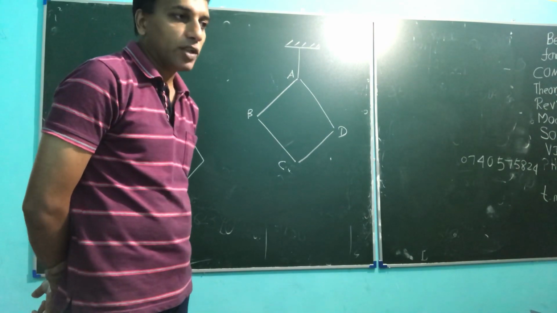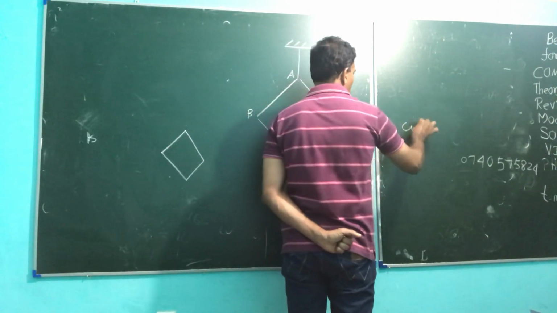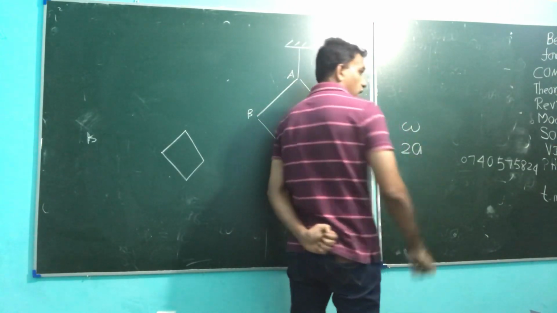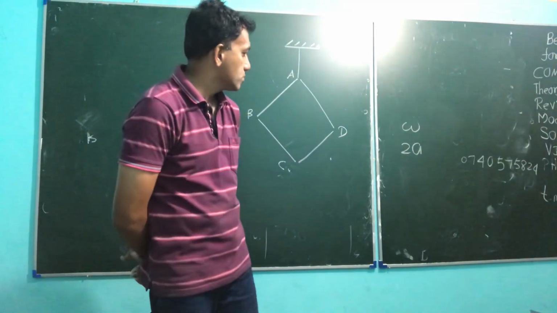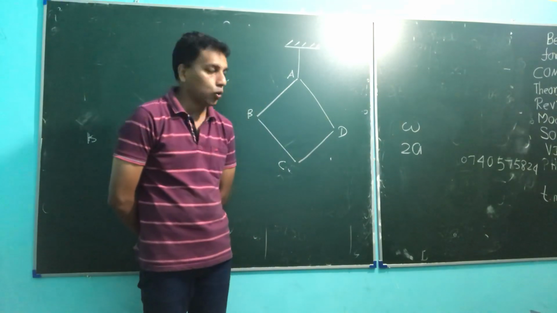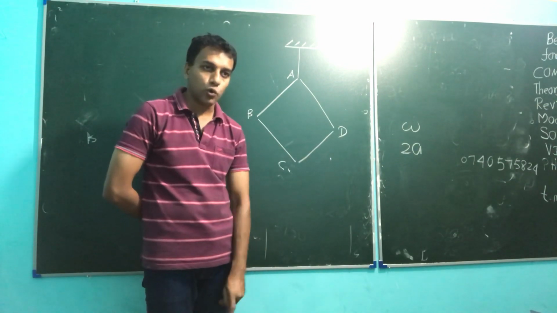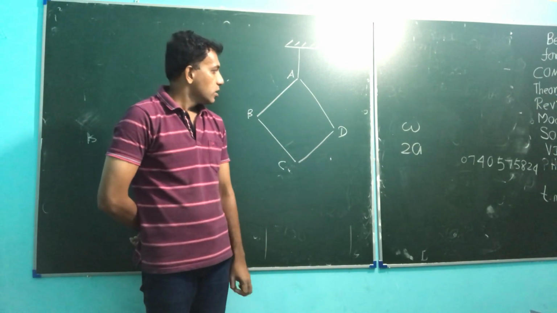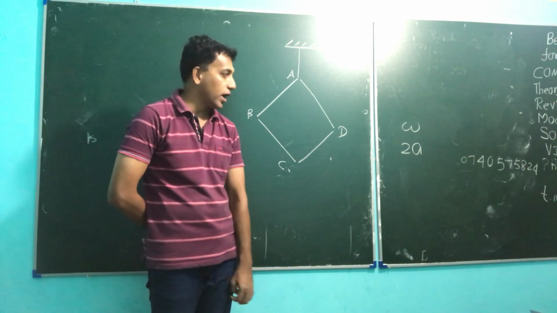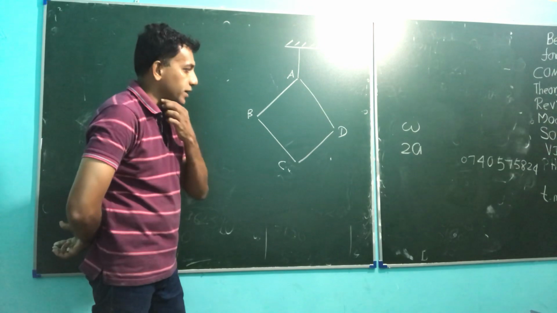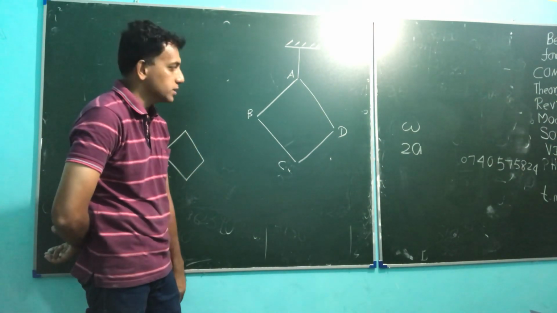If the weights of the rods are W and the length is 2a, the weights of the rods are W and the length is 2a, right?